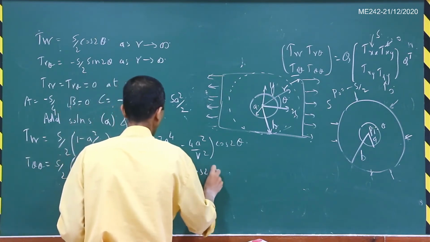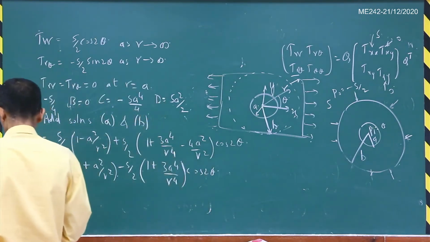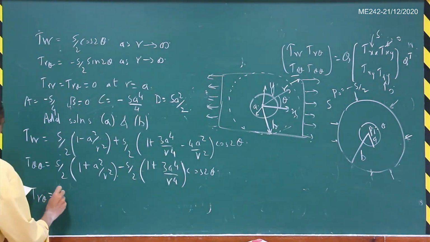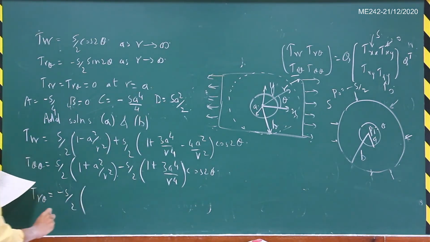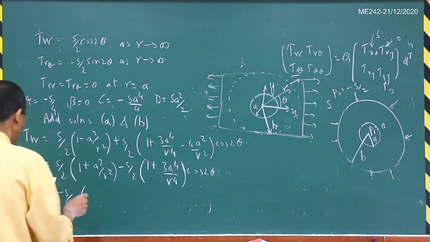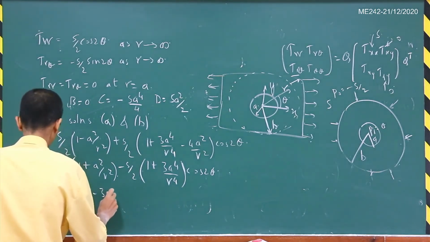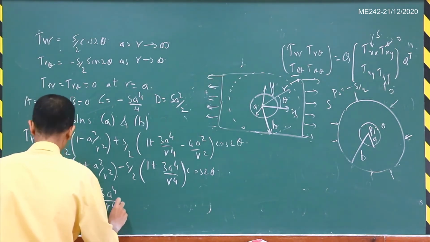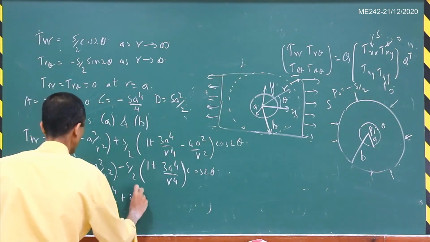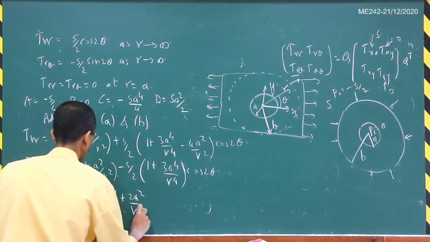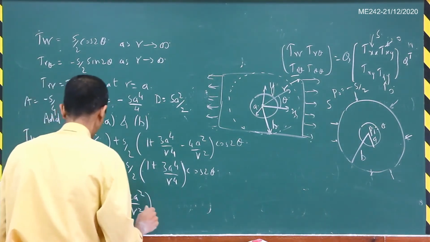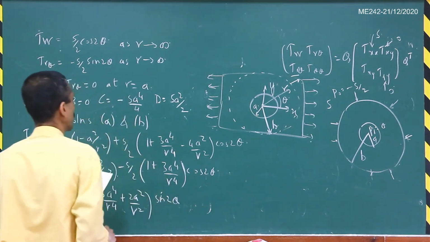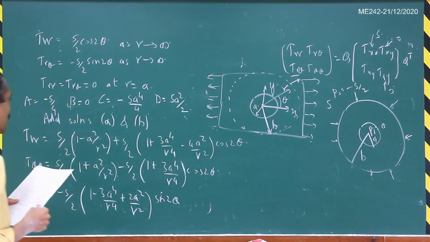of 2θ, and τ_rθ is equal to minus S/2 times 1 minus 3a⁴/r⁴ plus 2a²/r² times sin 2θ. So now this is the complete stress distribution.